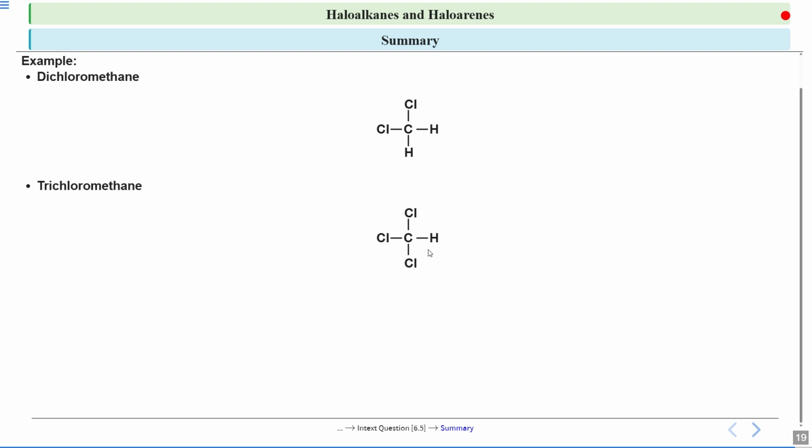We have also seen its uses, health effects, storage and the precautions during storage. The third example of polyhalogen compounds is triiodomethane. Triiodo means 3 iodines and 1 hydrogen after completing the tetravalency of the carbon. This is the structure of triiodomethane, and we have also talked about its uses and health effects.